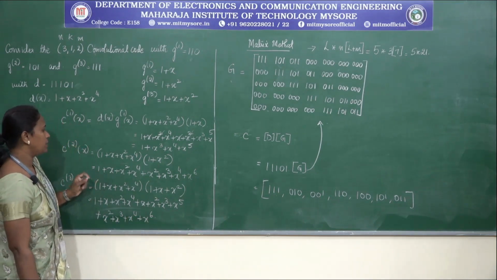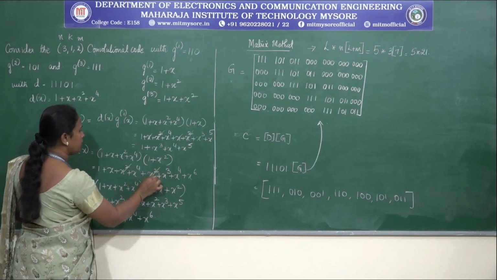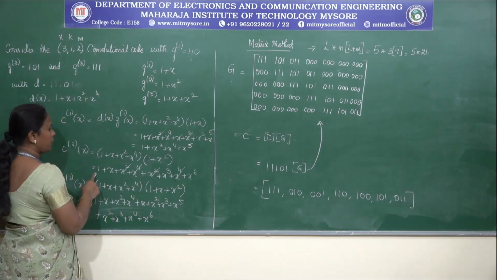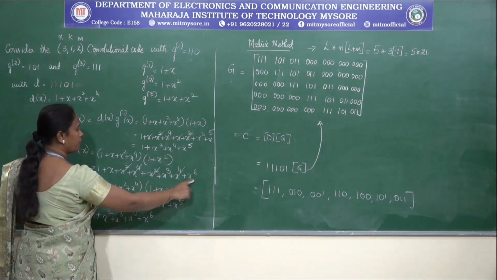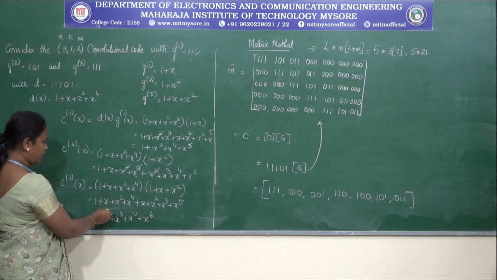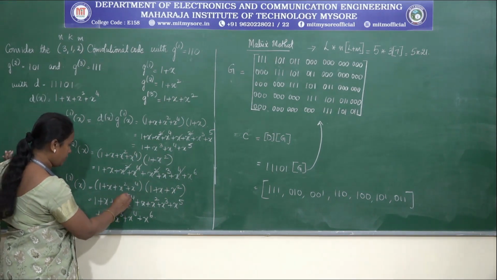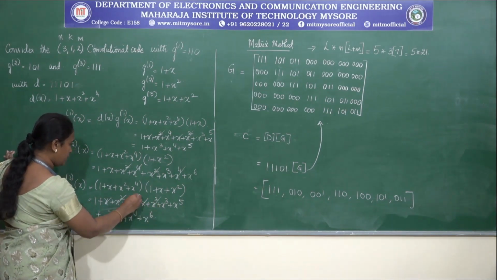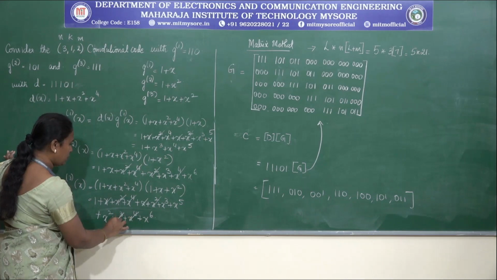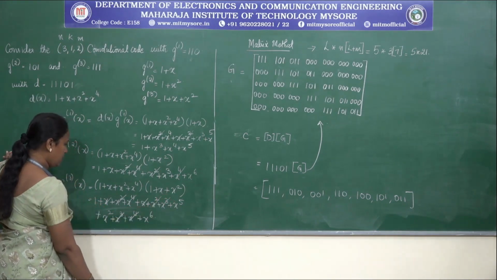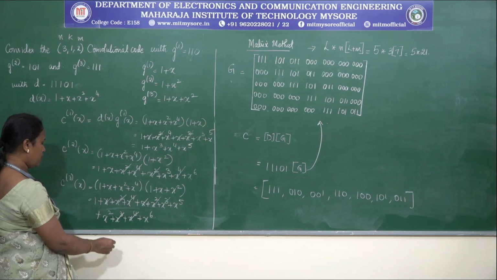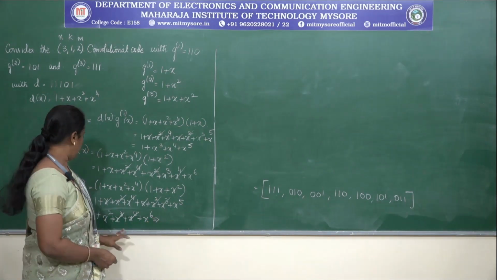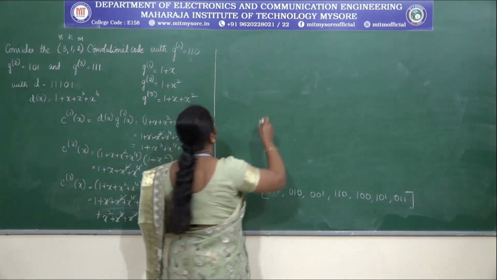So now if we simplify this, x square and x square, x4 and x4, x3 and x3 get cancelled. So you are going to get 1 plus x to the power of 3 plus x to the power of 6. So we got C3 of x also.